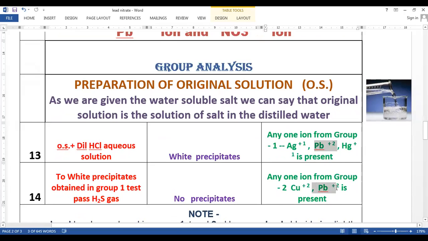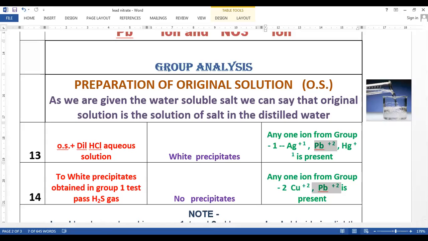Pb+2 ion is placed in both groups because in the first group test the PbCl2, the white precipitates, are precipitated, but this PbCl2 is slightly soluble in water. So Pb+2 ion remains in the solution, which we can again precipitate by passing the H2S gas. So let us see the next group 2 test for lead ions.